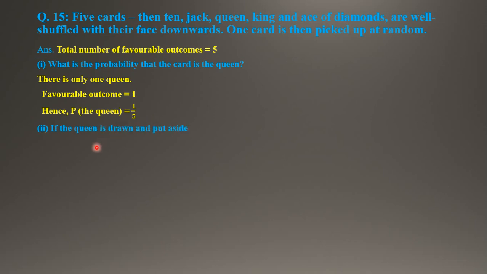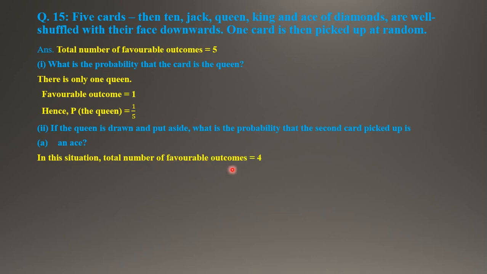Second, if the queen is drawn, queen को निकाल लिया and put aside, side में रख दिया. What is the probability that the second card picked up is an ace? In this situation, the total number of outcomes is 4 other than the queen, and favorable outcome is 1, since there is only one ace. Hence probability of getting an ace is 1 upon 4. B part, a queen.